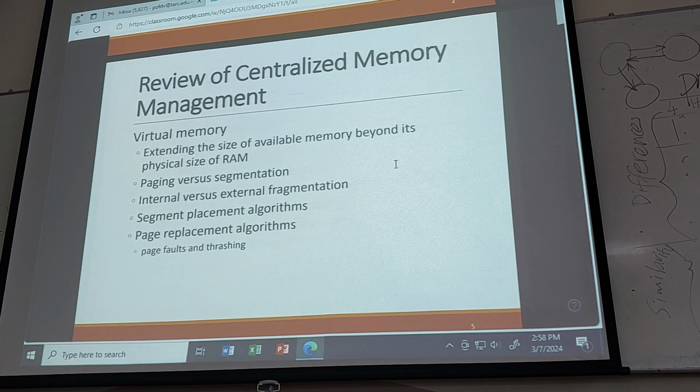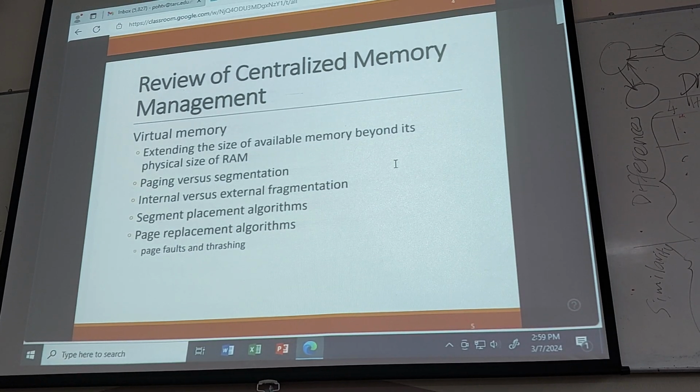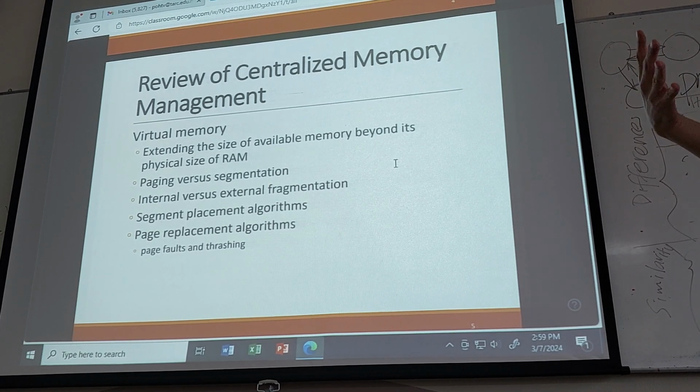But suppose I have only 4 gigabyte of memory, but I want to make my program see memory bigger than that. What should I do? Virtual memory. So virtual memory means I fake it to allow the program to see that I have more memory, but actually I don't have that memory.